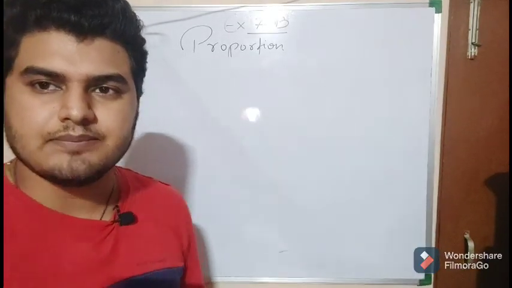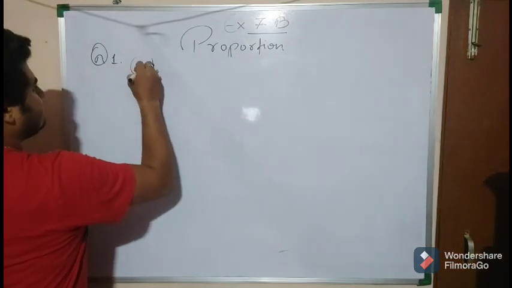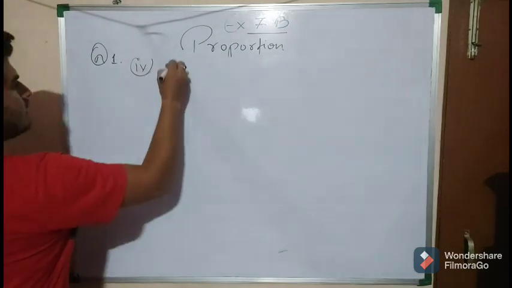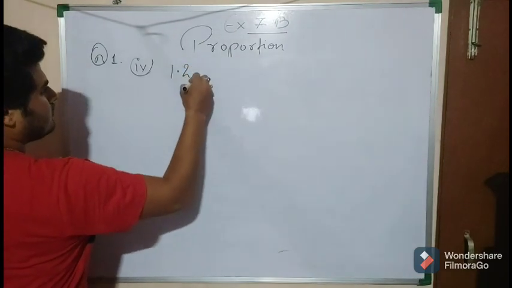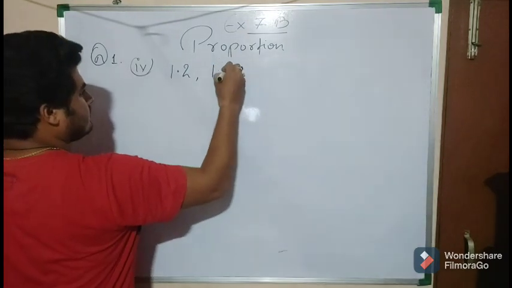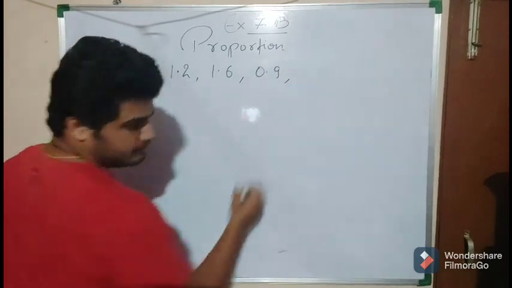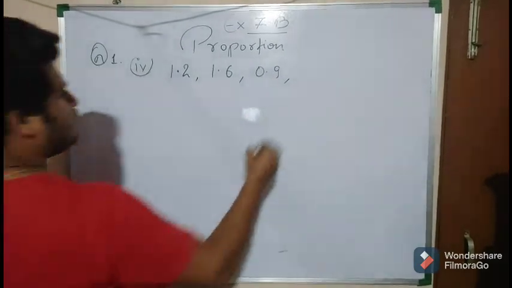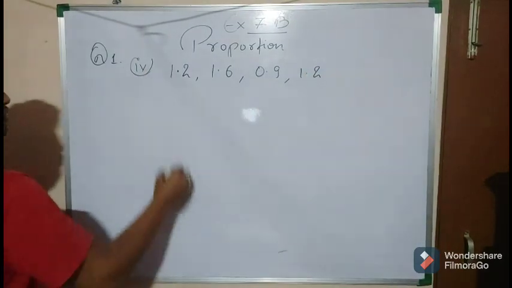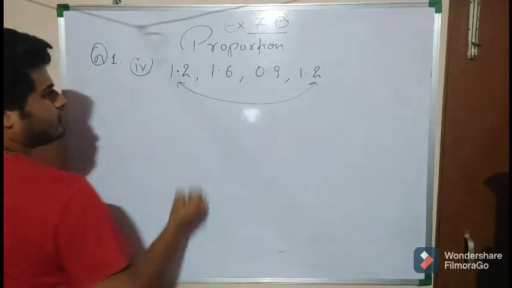So let's see another part of the same question. The fourth part is saying 1.2, 1.6, 0.9, 1.2. So product of extremes, 1.2 into 1.2.